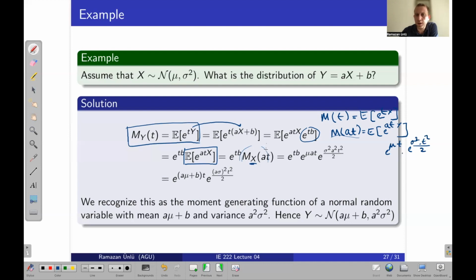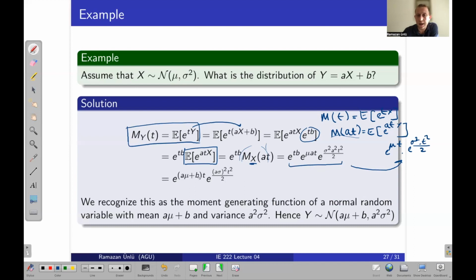That will be e to the mu at times e to the sigma square a square t square divided by 2. Okay, that is coming from this. So I can rewrite this part as e to the (a mu plus b) times t, and times e to the a square sigma square times t square divided by 2.